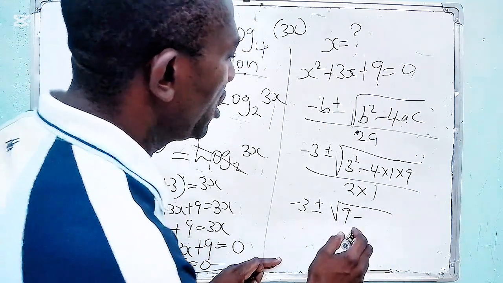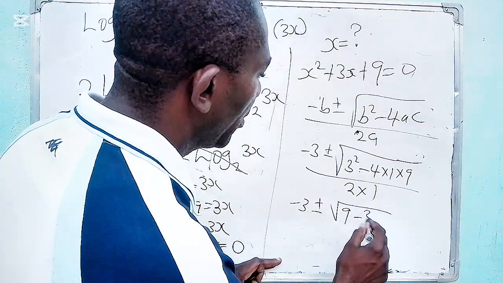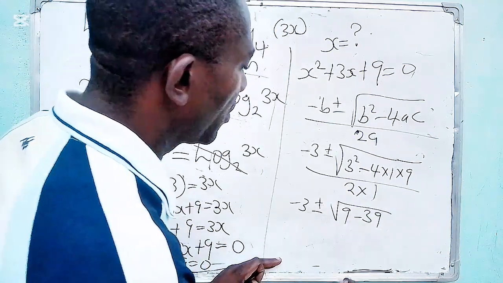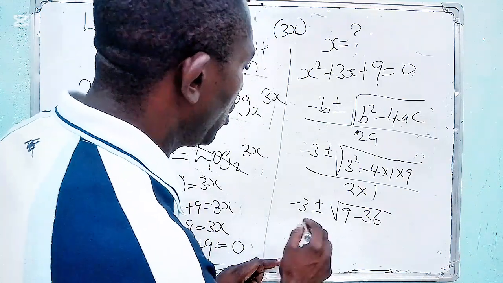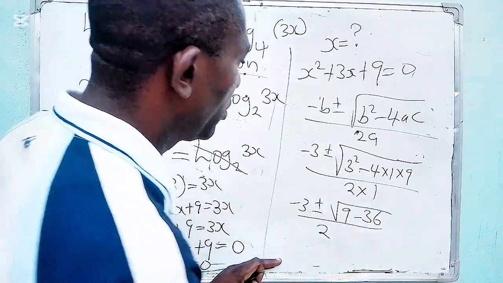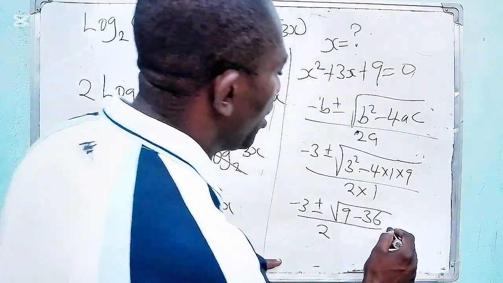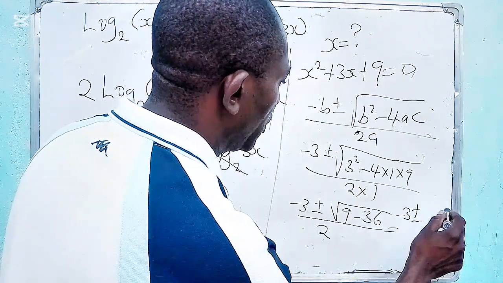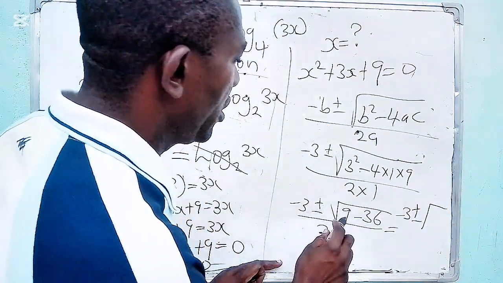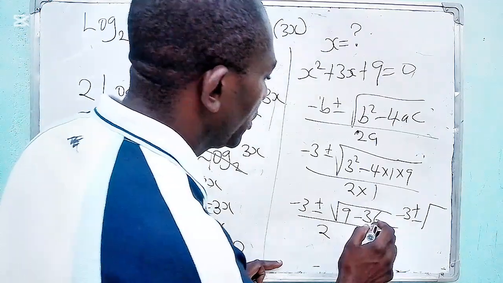So at the end, you have 36, all over 2. So at the end you have x equals minus 3 plus or minus the square root of 9 minus 36.